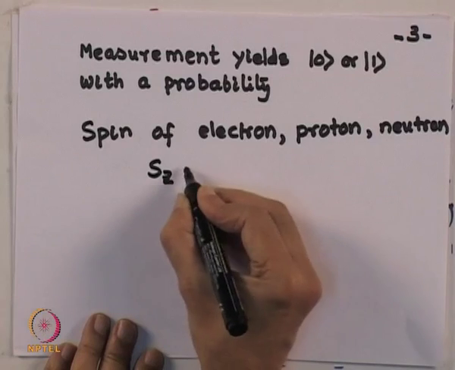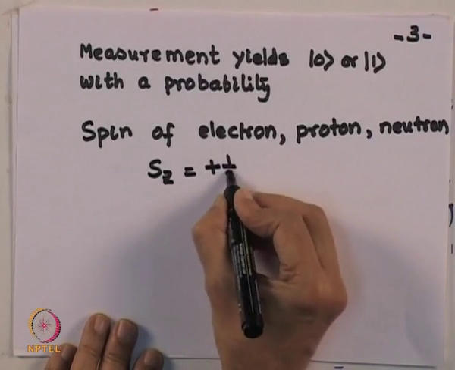Now, when such a system, an electron, proton, neutron, or a silver atom, or whatever you have, is put in a magnetic field, which we will take arbitrarily in the z direction, then there are two values of the spin that come with it. The z component of the spin can be either plus half or minus half, so this is what is written as Sz equal to either plus half or minus half.